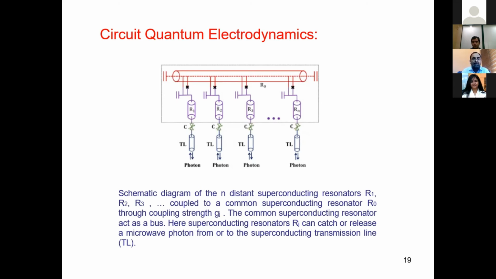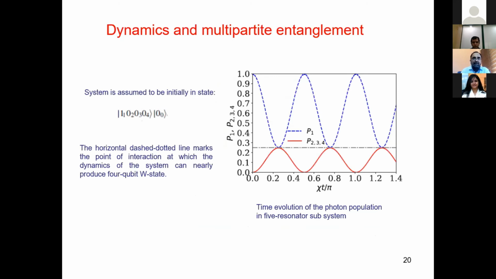And now let's see how the excitation transfer takes place over here and whether there is any possibility to still generate a W state. Here we consider the system to be initially in a state with one photon in resonator 1, nothing in the others. By the way, here I'm considering 4 resonators, and the 0, 0 is the bus actually.